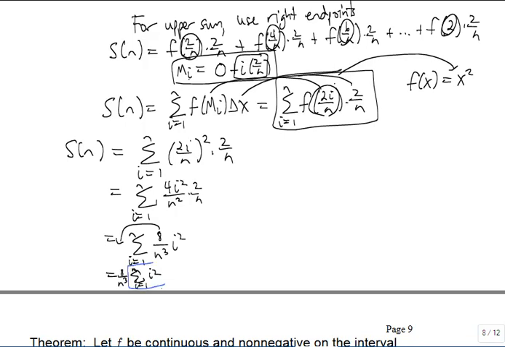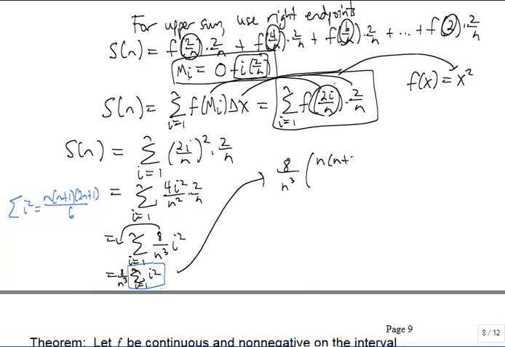Now that is one of those summation formulas that we talked about earlier today, the big complicated one. n times n plus 1 times 2n plus 1 all over 6, the sum of the squares. So that is going to become 8 over n cubed times, and then this whole sum now gets replaced with this formula, and now there's no more summation symbol in there anymore because I've just figured out what that sum is.